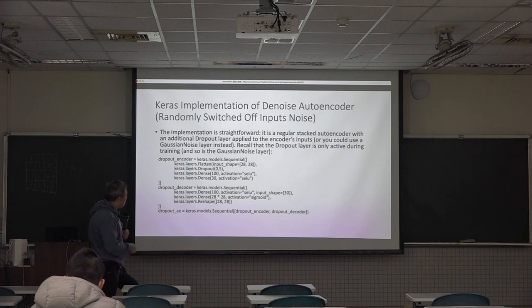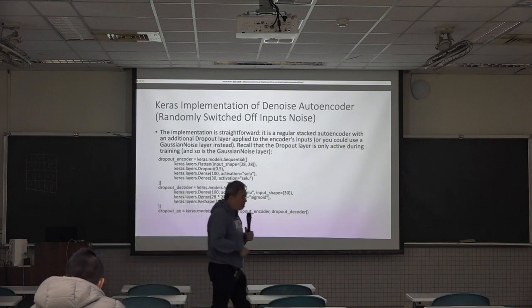Then we convert it back to 28 by 28 with sigmoid activation, and then we reshape it back to two-dimensional. You can combine this dropout encoder and the decoder together to be a dropout autoencoder.